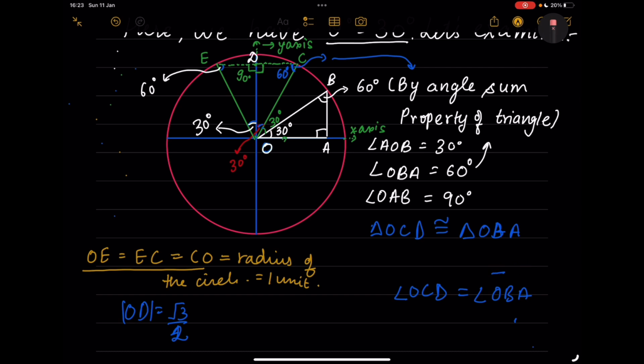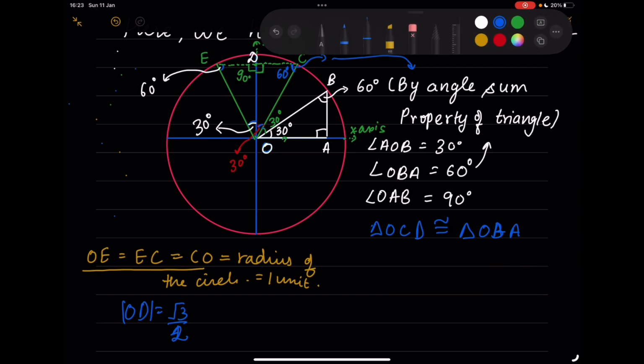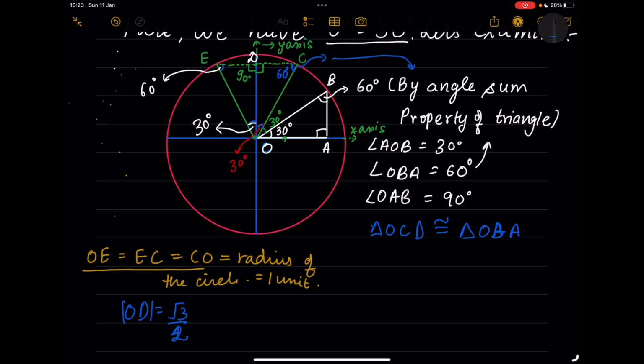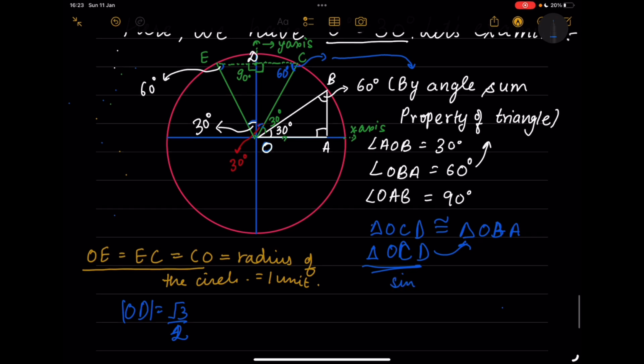All right. Now congruency has been established, so I can simply find sine 30 degree in triangle OCD, and that will be true for triangle OBA. So in triangle OCD, sine 30 degree is equal to CD upon OC.